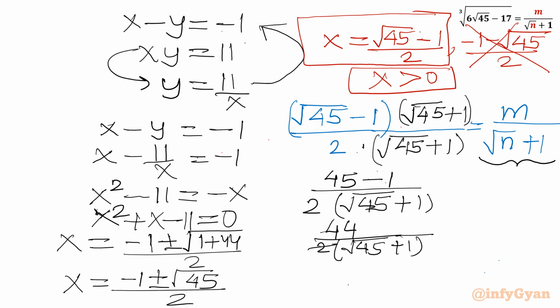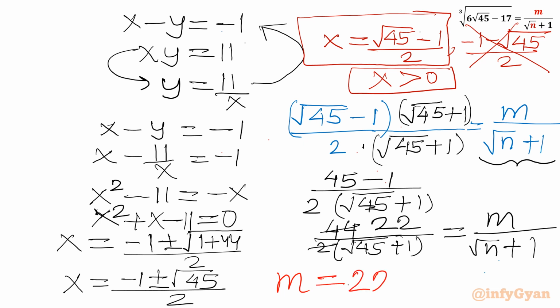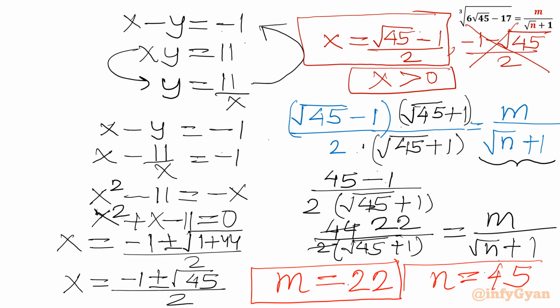So I can cancel these two. It is equal to 22 in the numerator. M equal to 22. After comparing both sides, we can write our answer M equal to 22 and N equal to 45. This is our final answer.